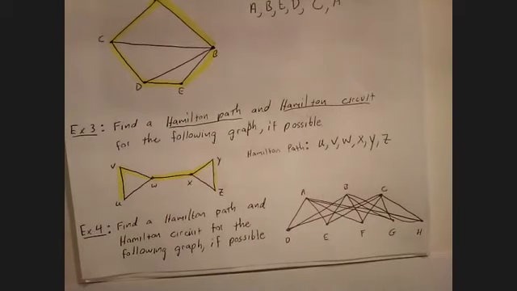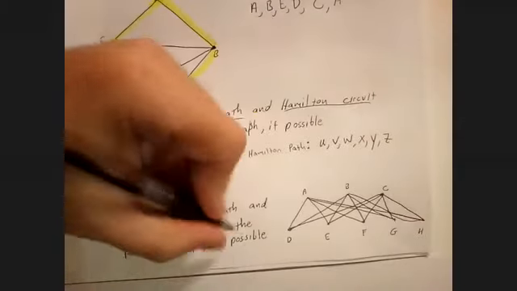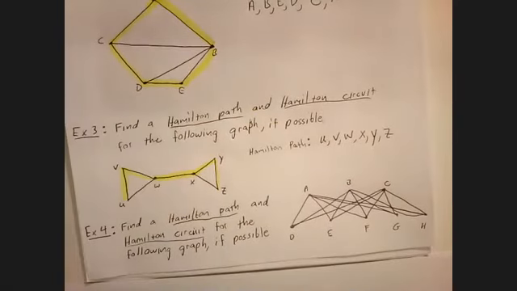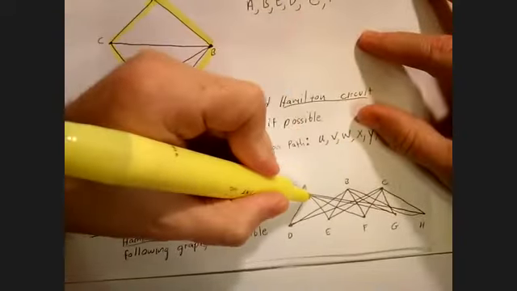So the question here says, find a Hamilton path and a Hamilton circuit for the graph if it's possible. So let's go to A. I'm going to start with A, and I'm going to try to do this. I'm going to start here.